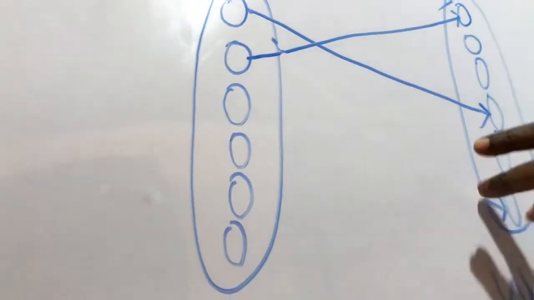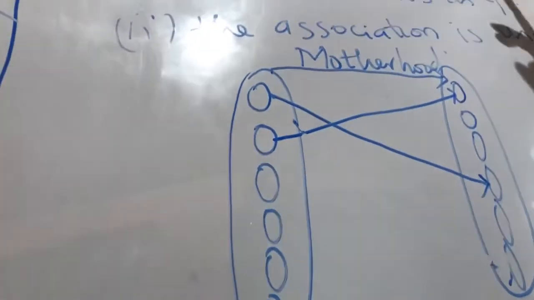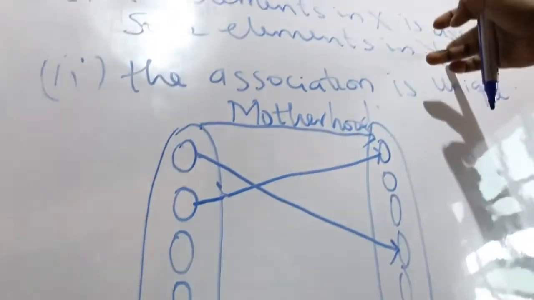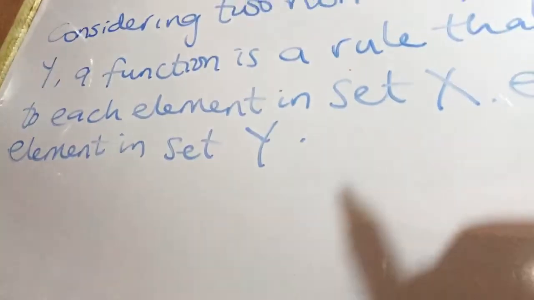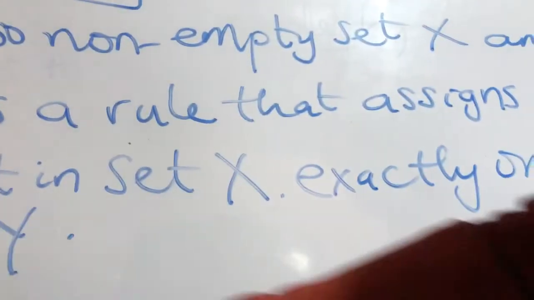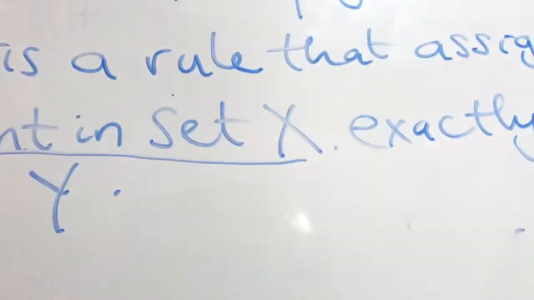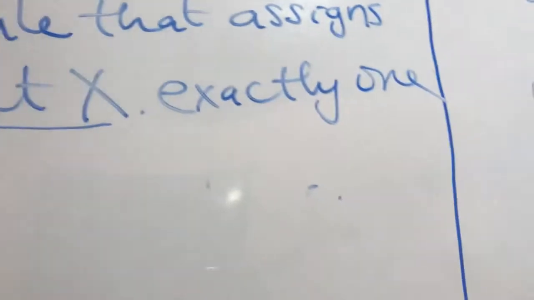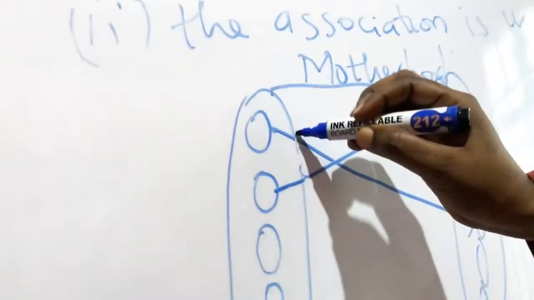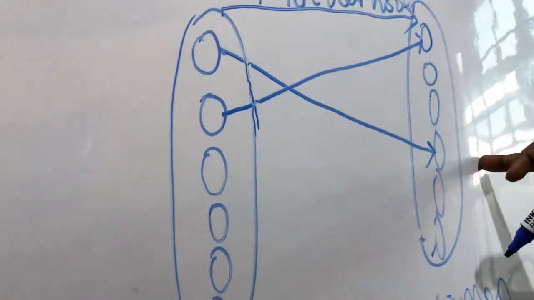So that is why we say that all elements in X is associated with some elements in Y. Or from this example, definition 1, that is a rule that assigns to each element in set X exactly 1 element in set Y. So it means that there won't be any child that will have 2 mothers.